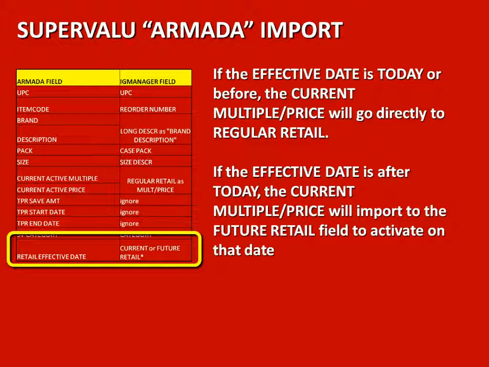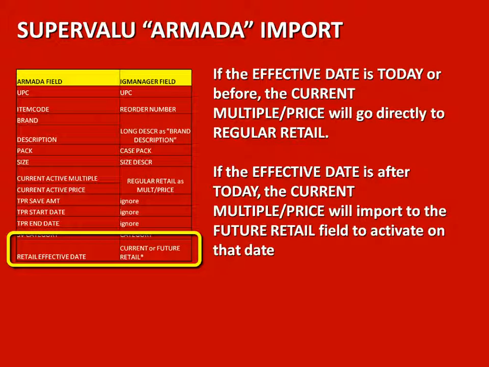We'll put the current multiple price right in regular retail as if it was hosted in regular retail. If the effective date is after today, like if today is Friday and the change is dated for Monday, the current multiple and price will come down, but they will be stuck in the future retail field in IGManager with an effective date of Monday.